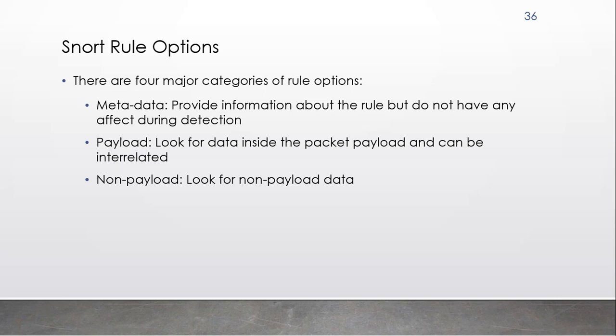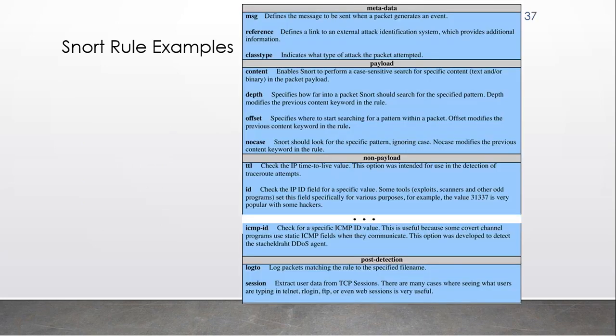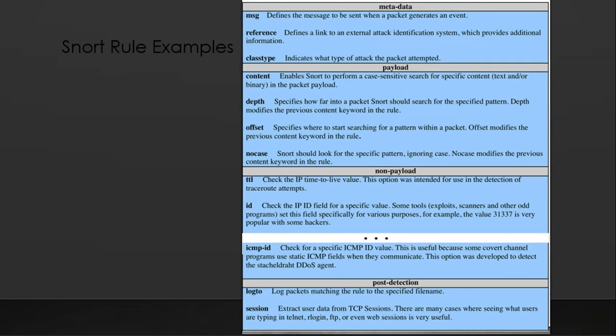Non-payload looks for non-payload data. And post-detection. These are rule-specific triggers that happen after a rule has matched a packet. This figure provides an example of some of the rule option categories that we just described.